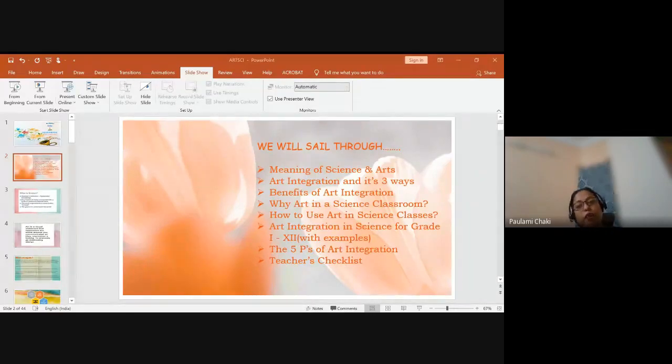How are teachers empowered through art integration? Firstly, what I have felt as a teacher while including art in my science classrooms is that I myself am brainstorming. I myself am creating a few new ideas. And that is where I feel empowered. And then when I look at my children, they are all excited to join the science classrooms.